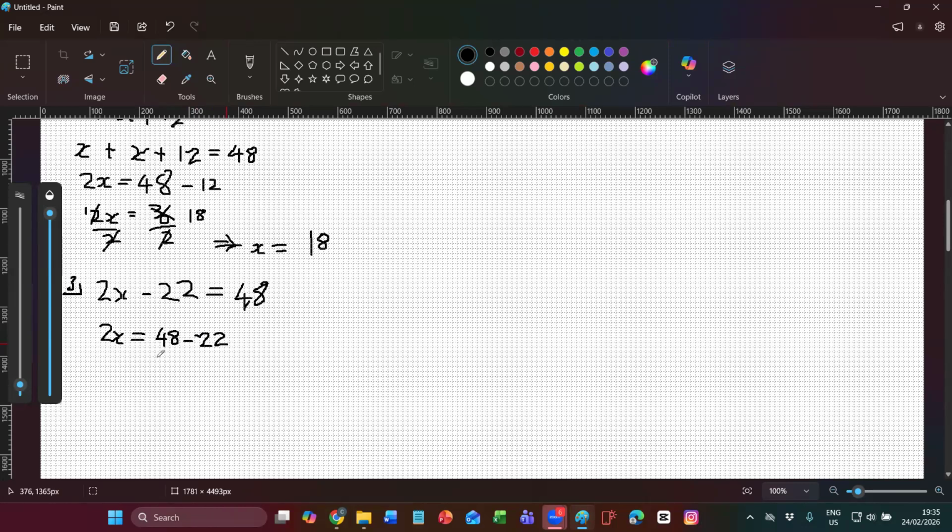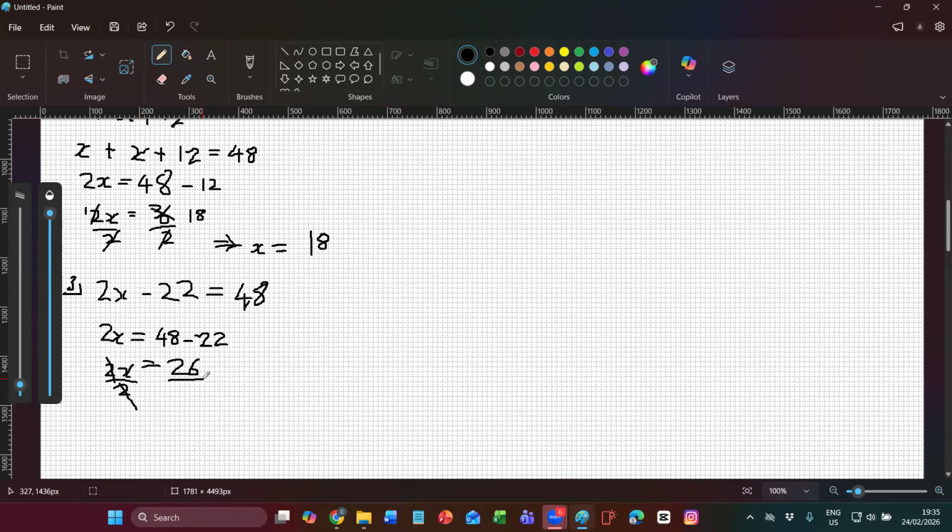Okay, so just like the other one, we'll divide by 2. So if I divide by 2, what would I have on the right hand side? x equals 13.